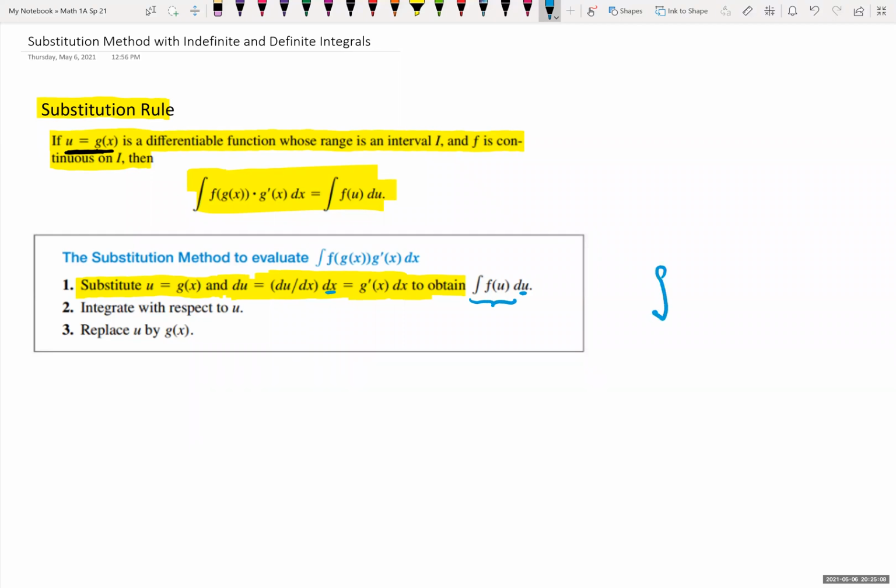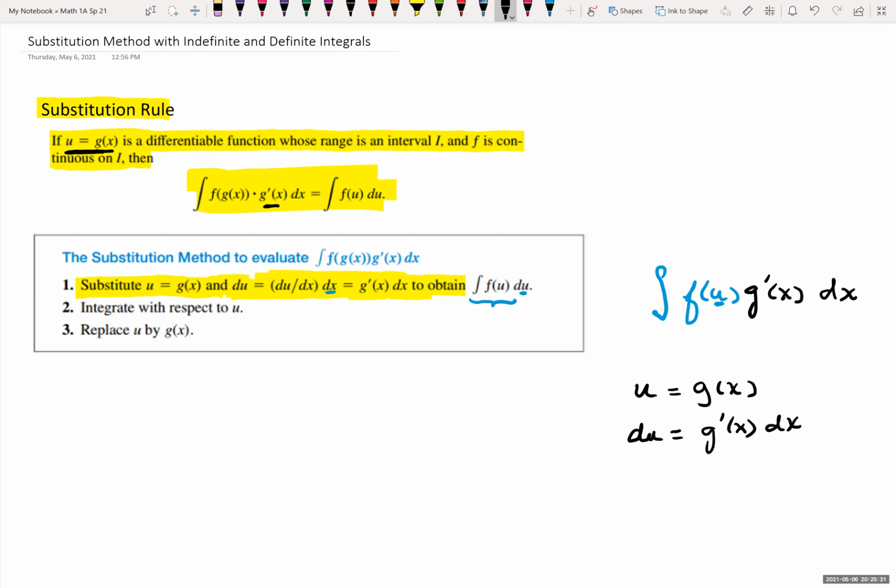So technically, we would have this f of u, because we chose u to be our g of x, times this g prime of x dx. But u is equal to g of x, so the derivative du is equal to g prime of x dx. If I solve for dx and get dx by itself, we get du over g prime of x.